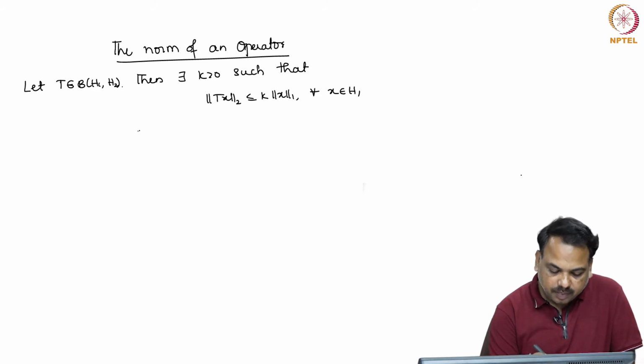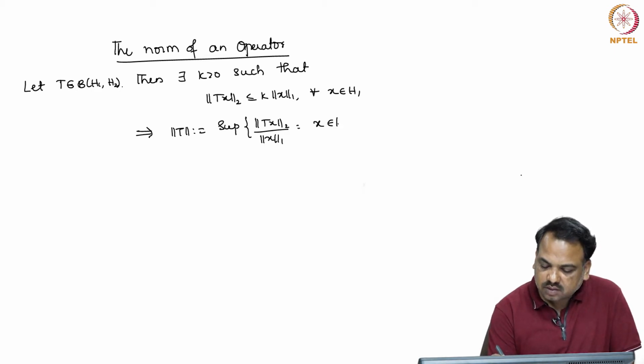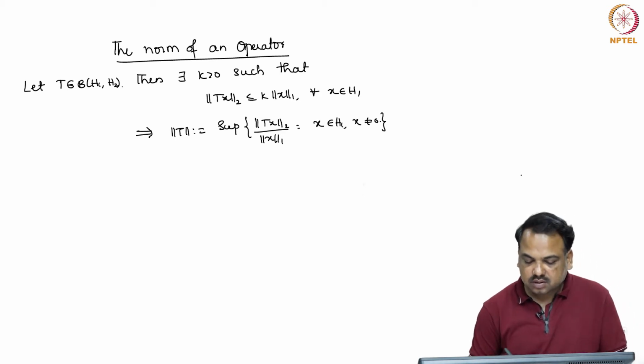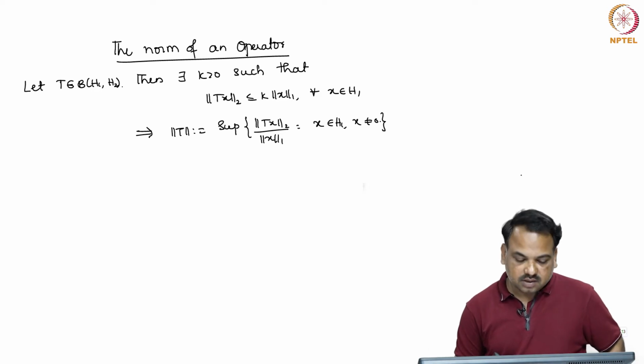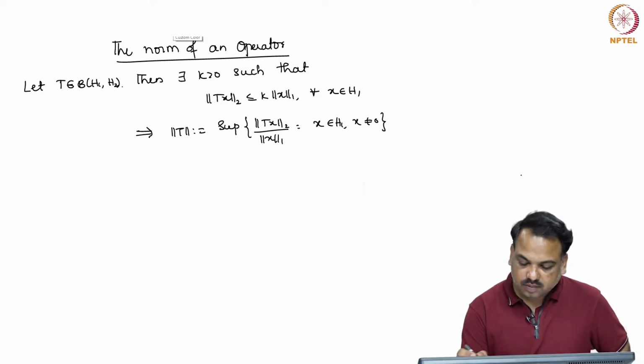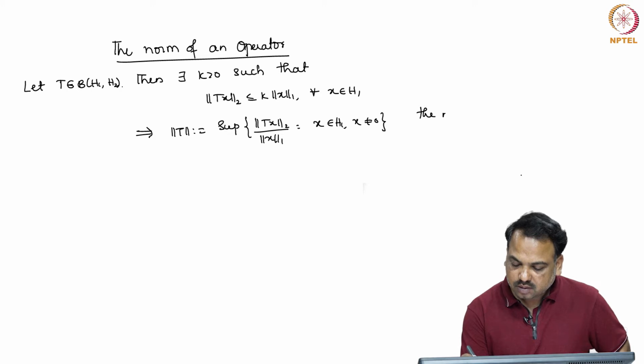From this you are able to define the norm of T as the supremum of norm Tx by norm x, where x is coming from H1 and x is non-zero. This quantity is finite and we call this the norm of the operator, or the operator norm of T.